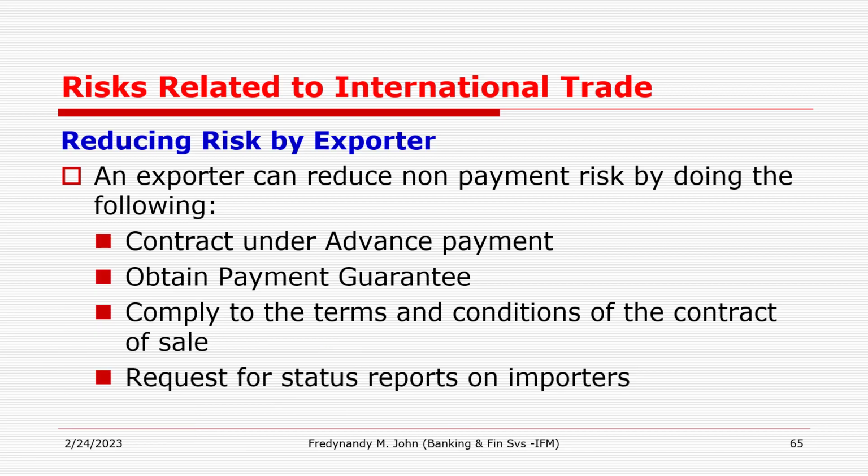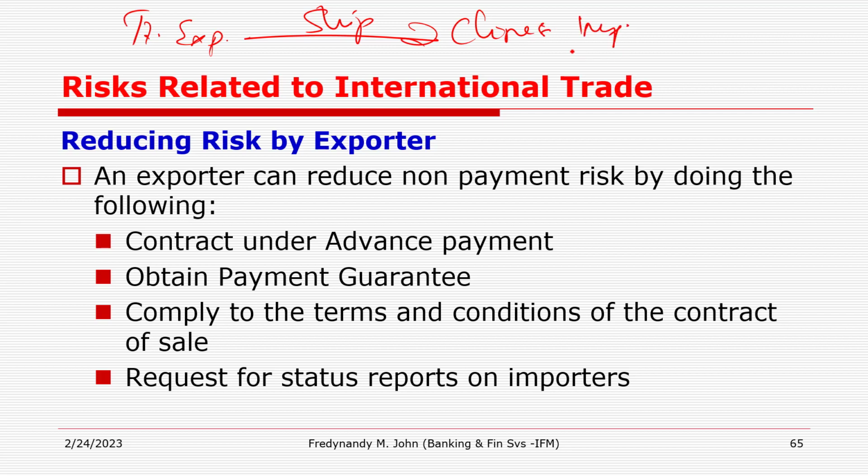Request for status reports on importers. International trade involves buying and selling of goods across border. Now, if you are a Tanzanian exporter, and you're supposed to ship some goods to, let's say, a Chinese importer, okay, and it is your first time, you have never interacted with this Chinese importer, do not hesitate.